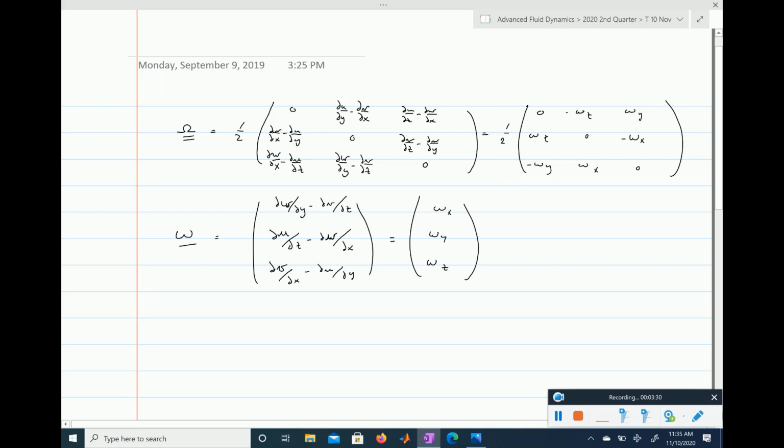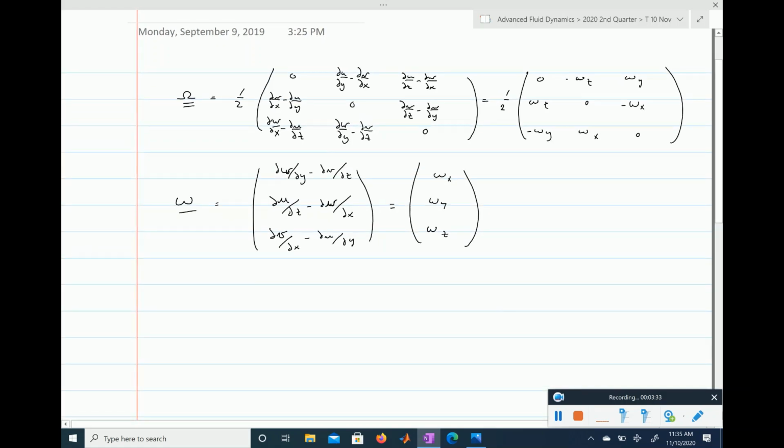Now, another way of seeing directly that this is related to the rotation: if you were to write the rotational component of the velocity field, which we wrote previously as omega dot delta x, and you do the matrix product, you see that you could also write it as 1/2 of omega, the vorticity vector, cross delta x.